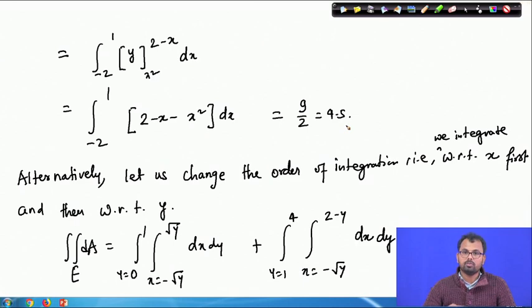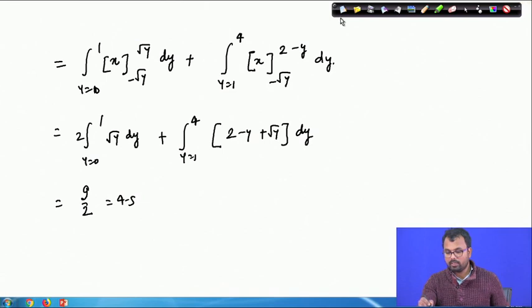We will work out one or two more examples just to make the idea clear. So let's look into another example.